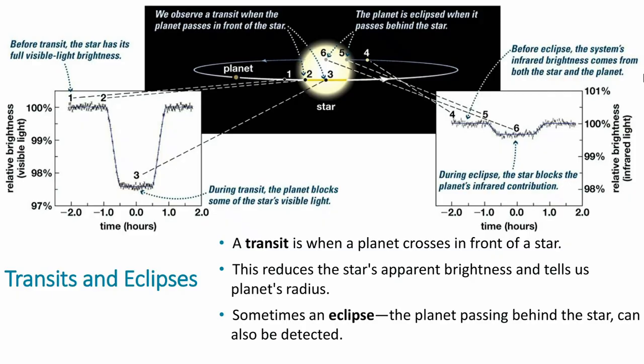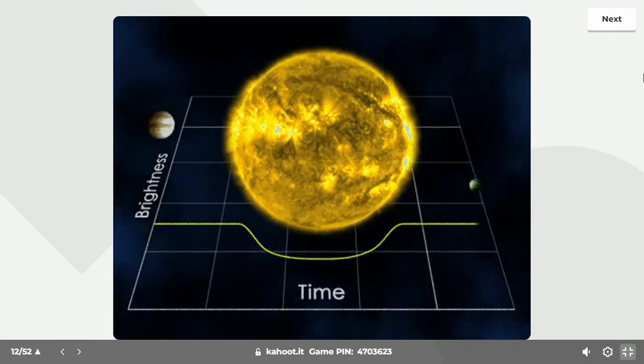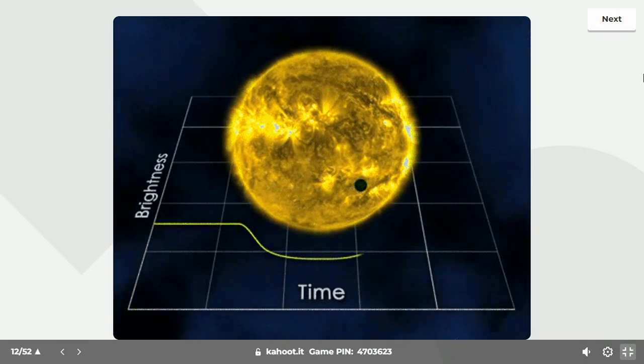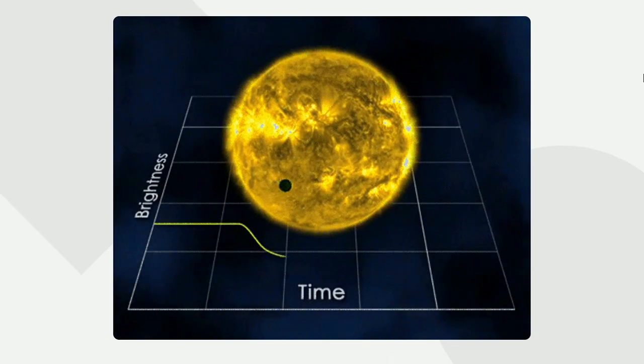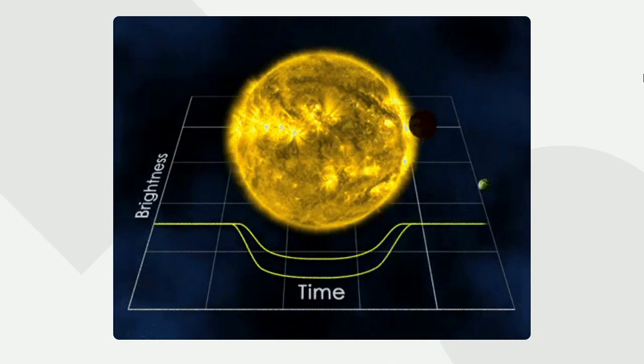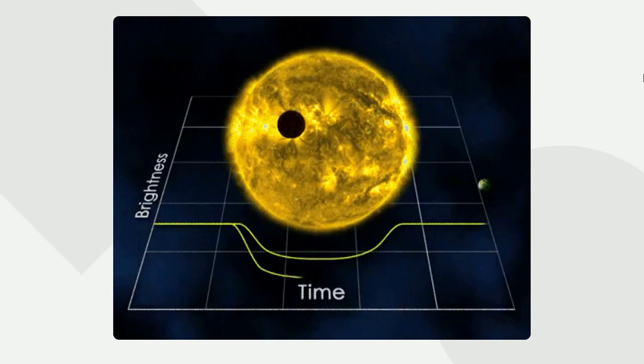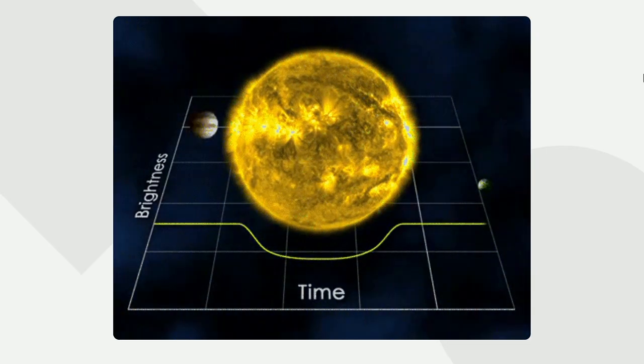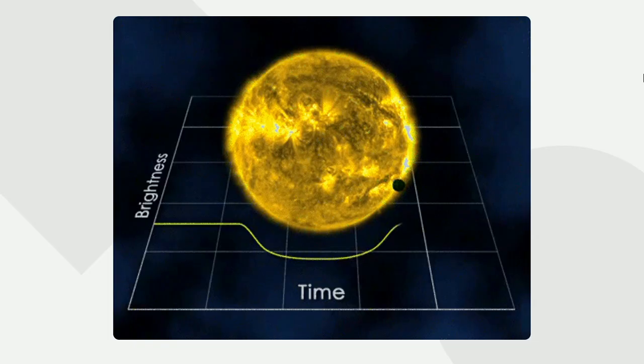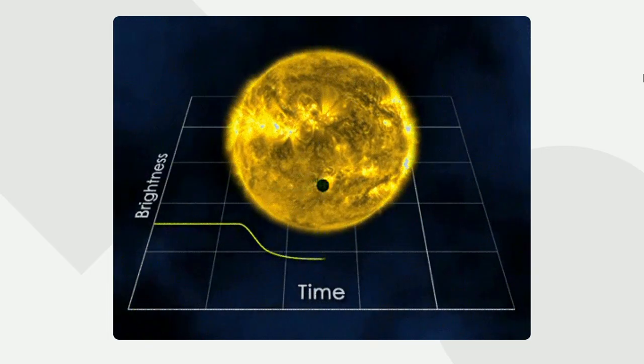If you observe that happening at a regular period, then that's evidence for a planet orbiting the star. And the size of the dip is going to tell you the relative size of the planet with respect to the star. A bigger planet will produce a bigger dip, and a smaller planet will produce a smaller dip.